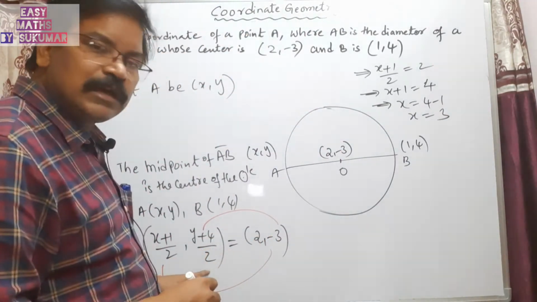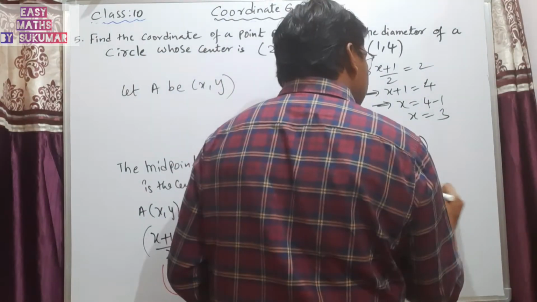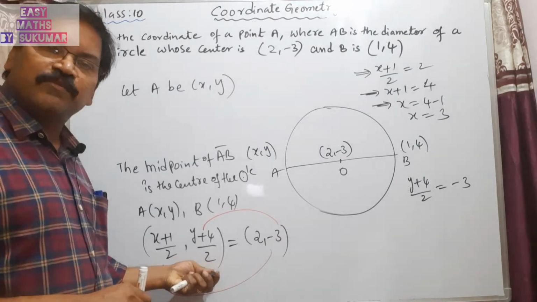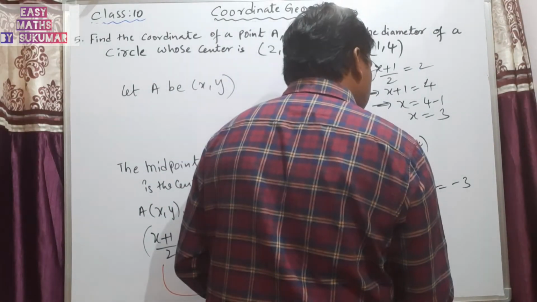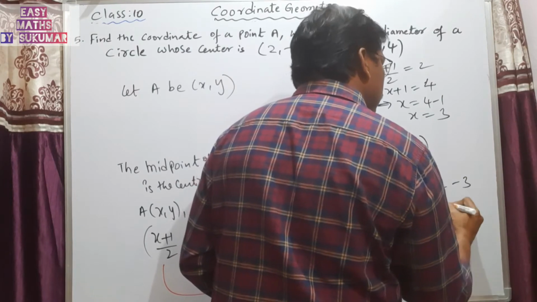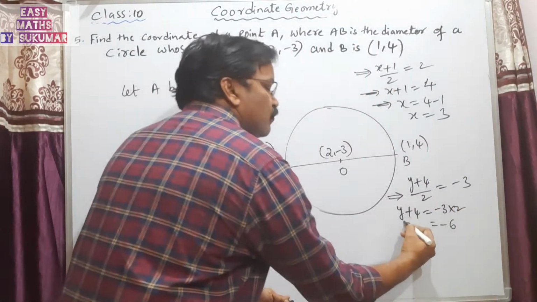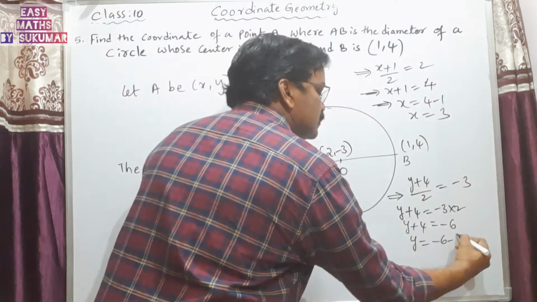Now coming to the ordinates, that means (y plus 4)/2 is equal to -3. So from this equation, y plus 4 is equal to -3 into 2, that is -6. So y plus 4 is -6, so y is equal to -6 minus 4.